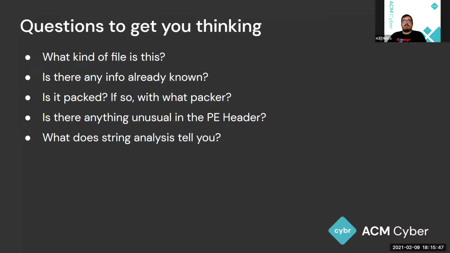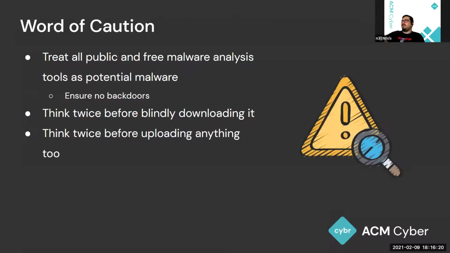Like, hey, I downloaded this from a weird website, or it came through a phishing email. And then, is it packed? If so, what packer was used? We'll talk about this in a little more detail later, so if you're not sure what packed means here, we'll cover it. Is there anything unusual in the PE header? This is basically the executable header. And then, what does a string analysis tell you? So those are some things to get you started thinking.